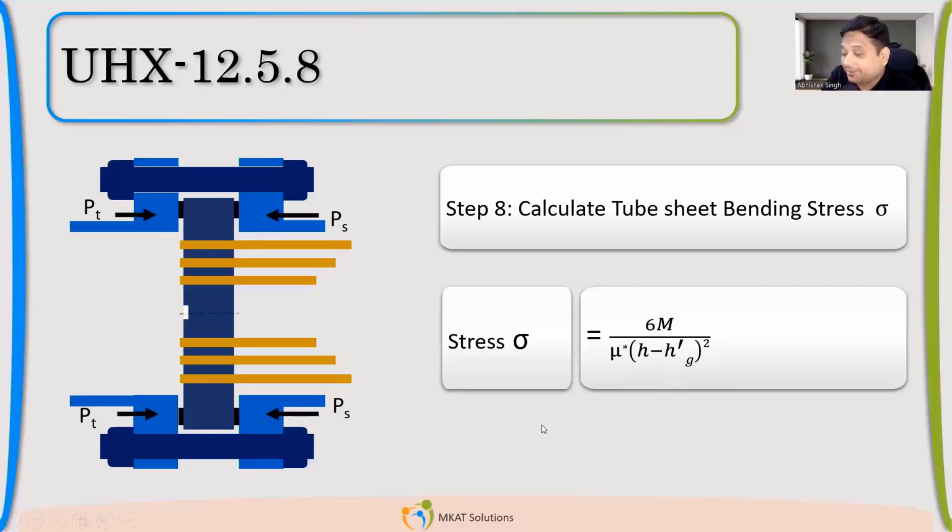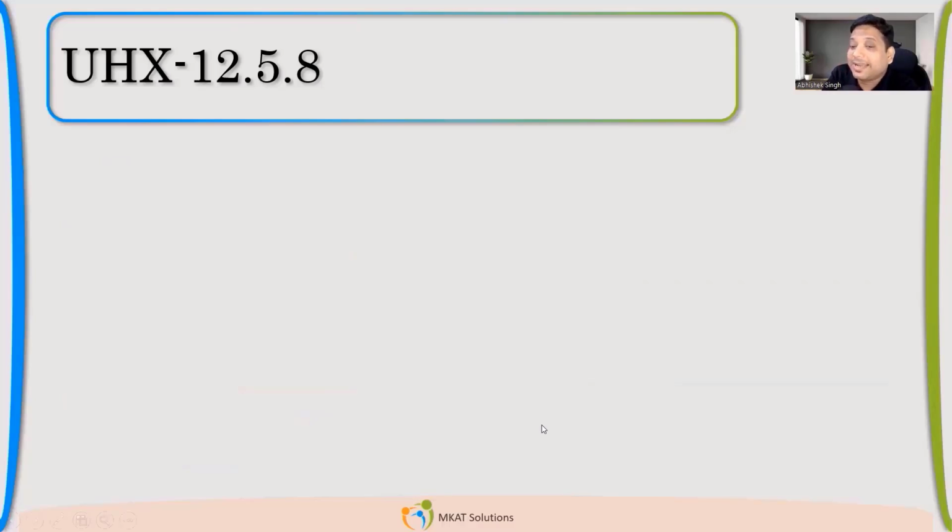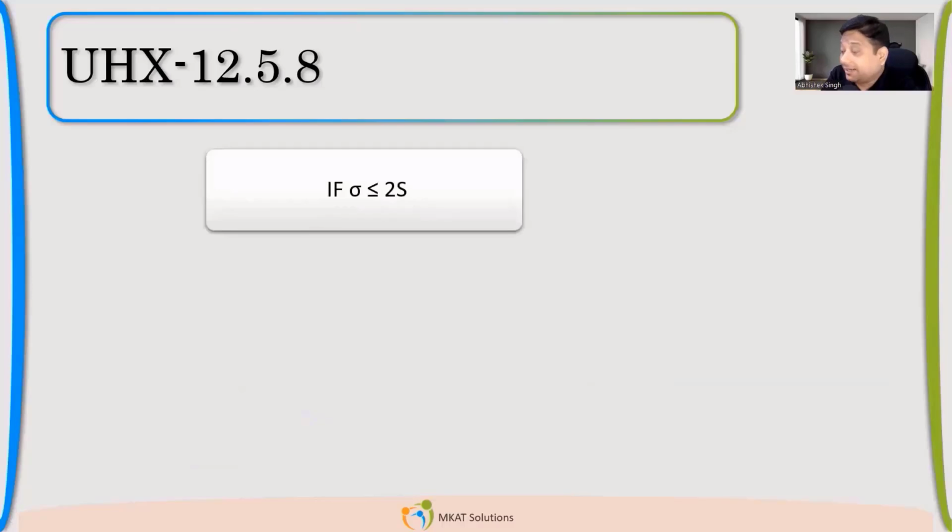So I have my bending stress calculated. Once I have the bending stress, it will be compared with allowable. See, let us see, the tube sheet is of carbon steel. What is my allowable? 138. So will I compare that bending stress with allowable? No, it is 2S. Now what is the reason?